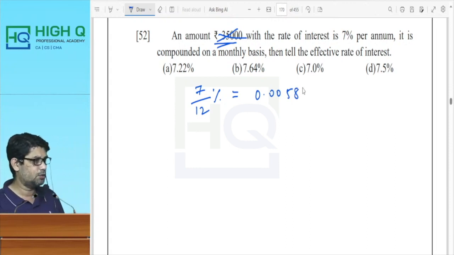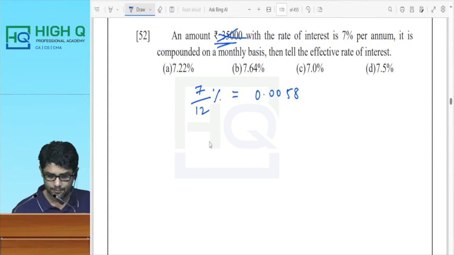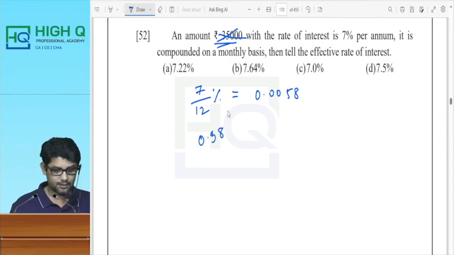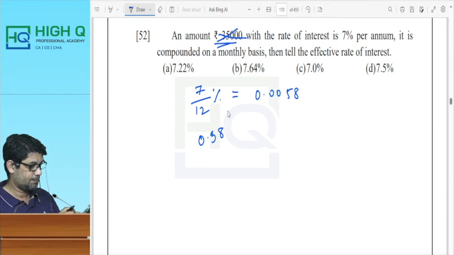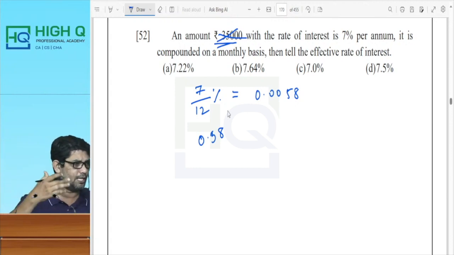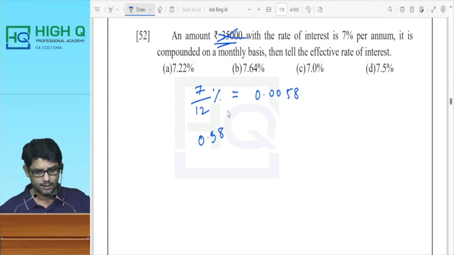What I told you to do? Otherwise 0.58. I told you to do like this: 100 plus 0.58 plus 0.58 goes on up to 12. 12 times we need to add 0.58.